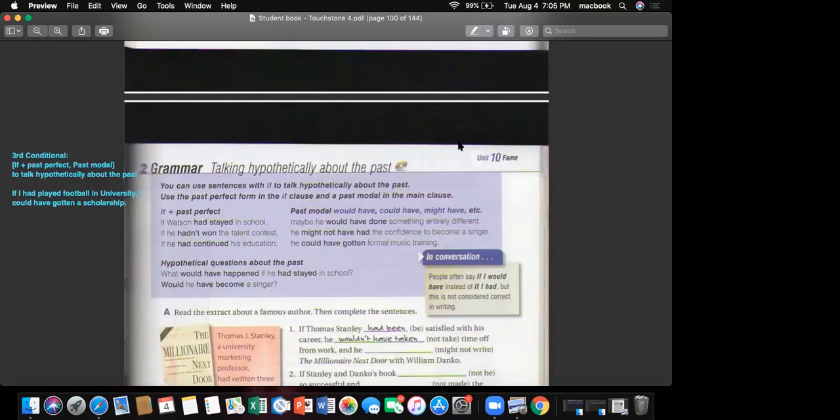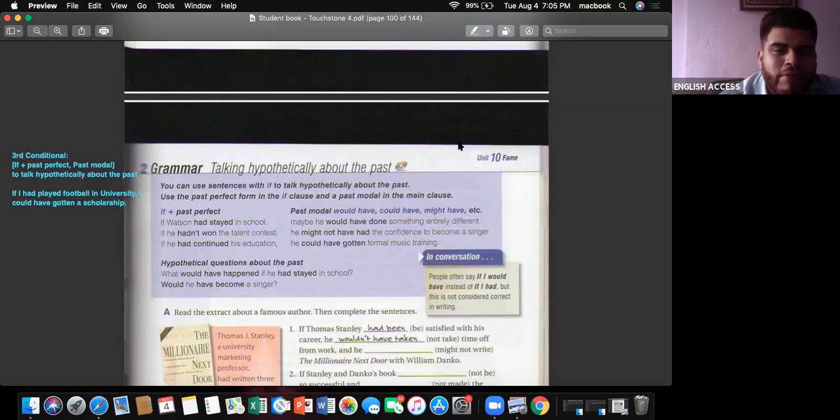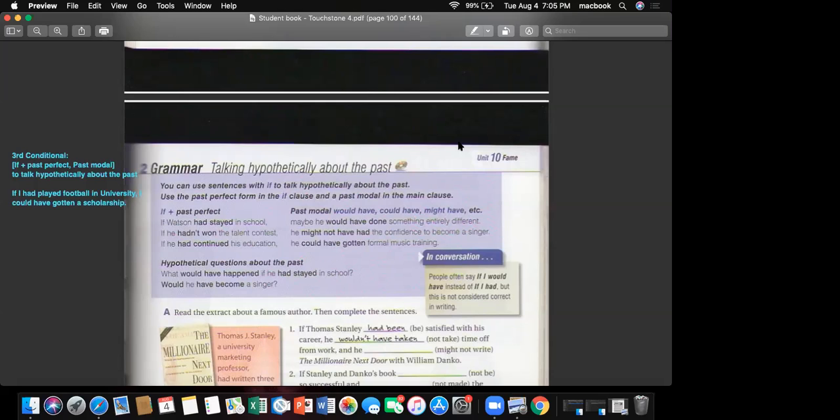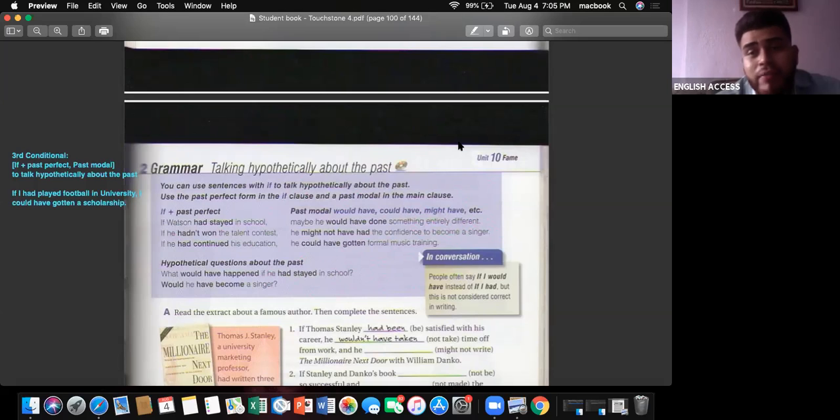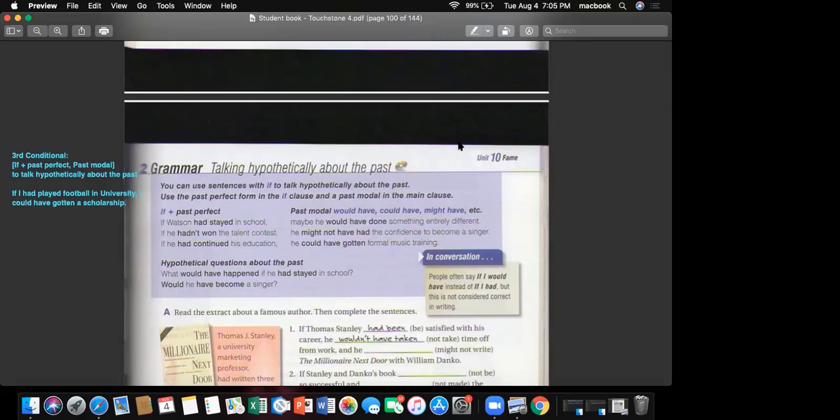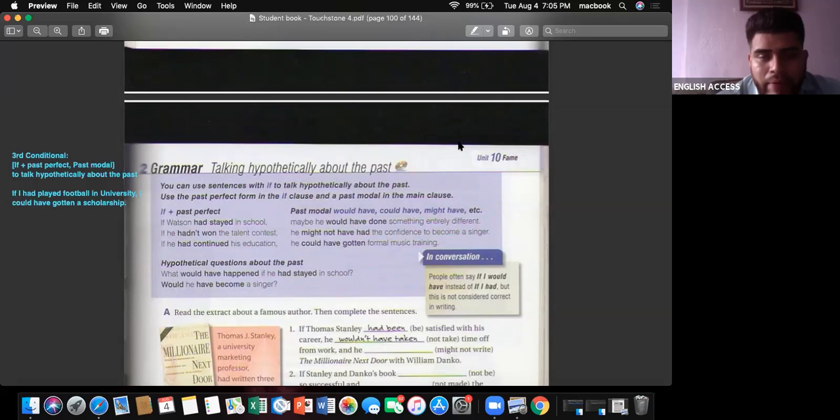The use of the past modals depends on the first part of the sentence, or we can use the three of them. Obviously, the most common one is would have. That is the most common.